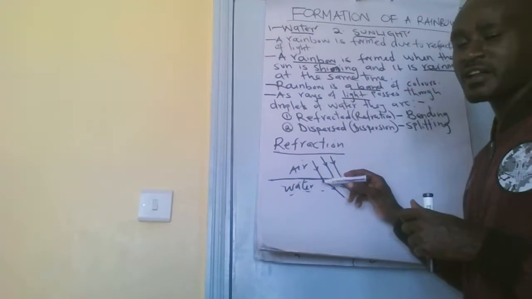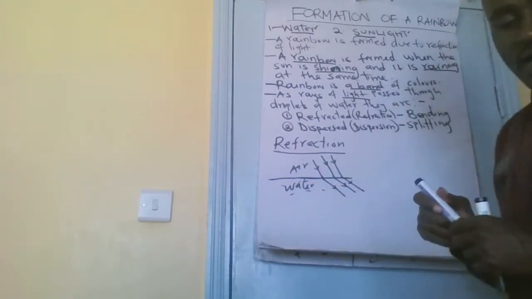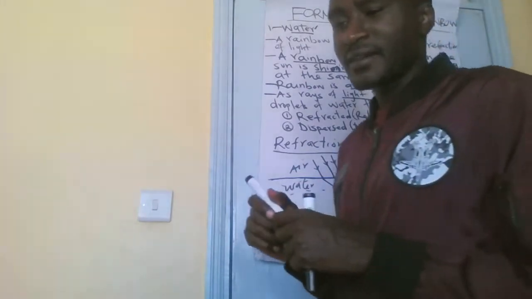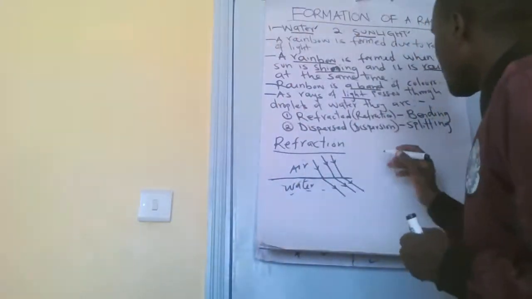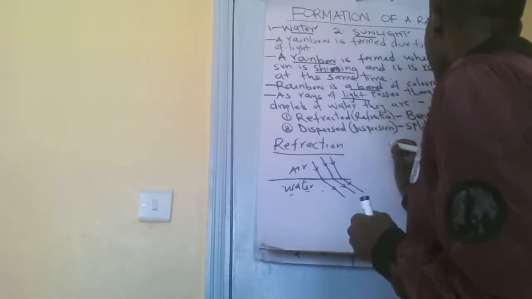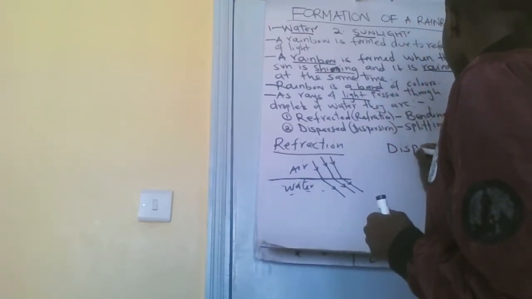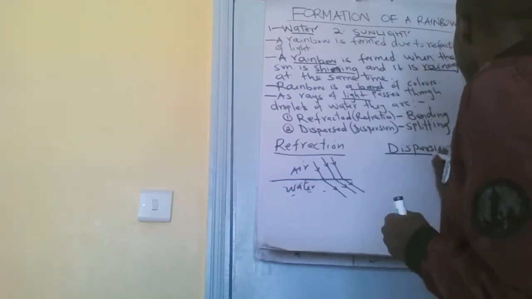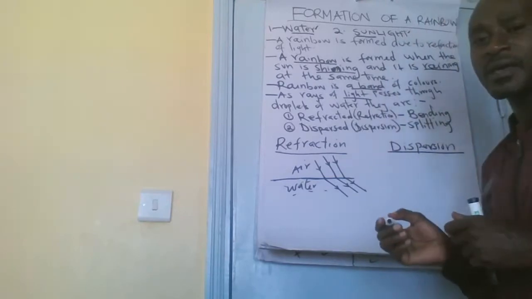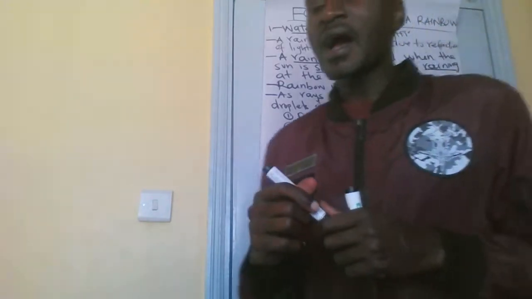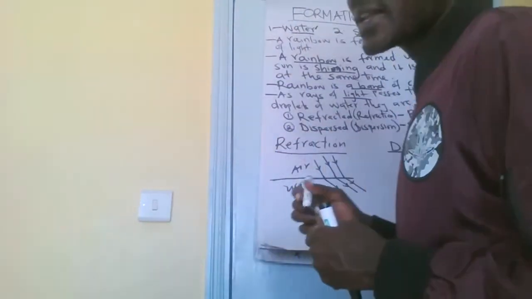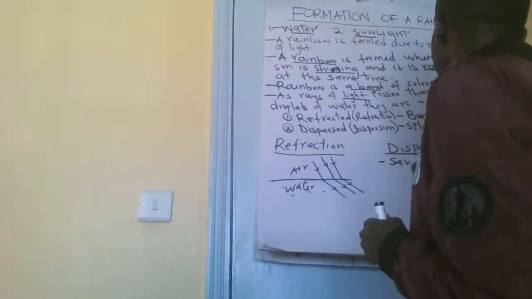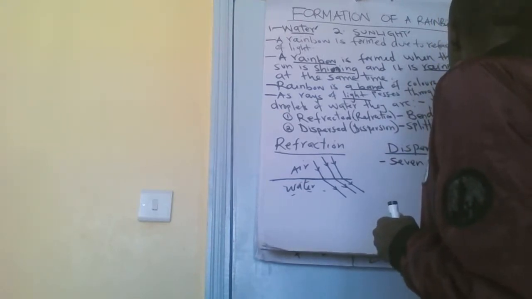What takes place? Refraction. Another thing which takes place is called splitting, the splitting of light, which we have said is dispersion of light. They disperse to form a band of colors, and these are 7 colors.